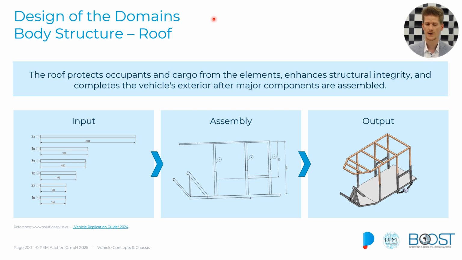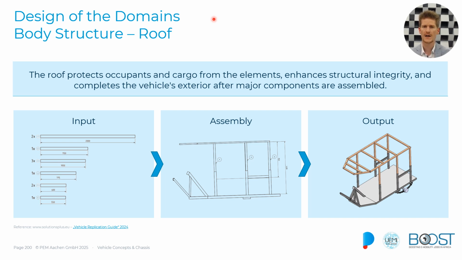It will also complete the vehicle exterior, and is one of the main components that we are still missing. The input are again some profiles. You could use metal profiles, plastic profiles, or wooden profiles. Always bear in mind the lighter the better, because this is mounted rather up high in the vehicle, and then this is assembled, and the output will be the base frame with now the roof added.